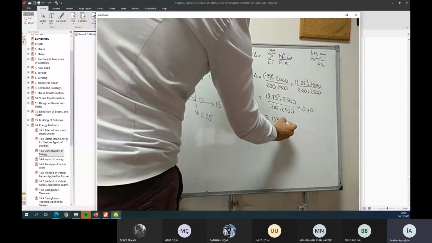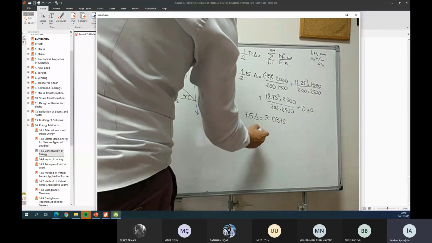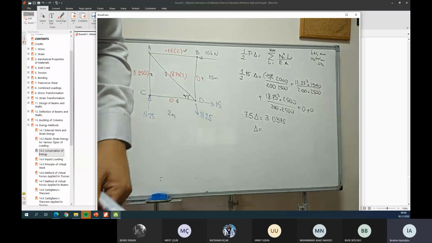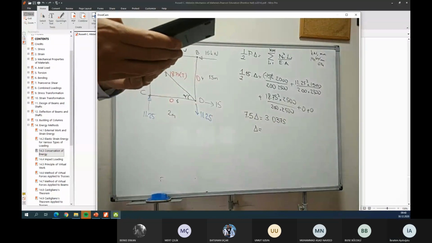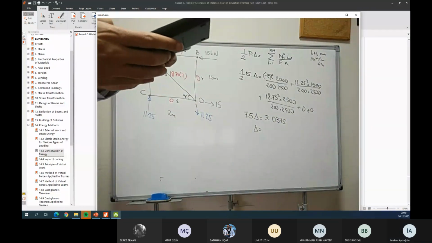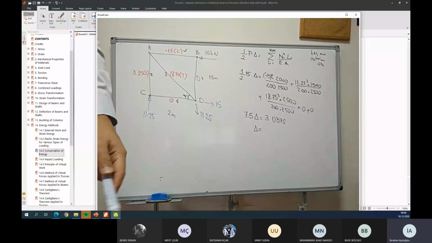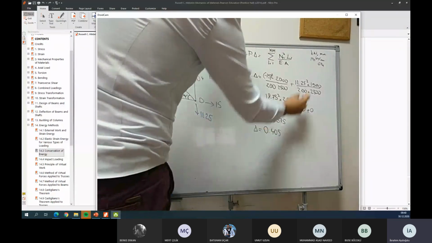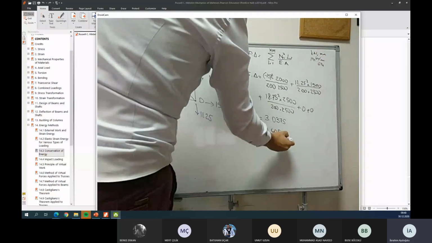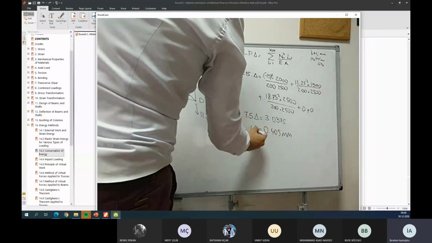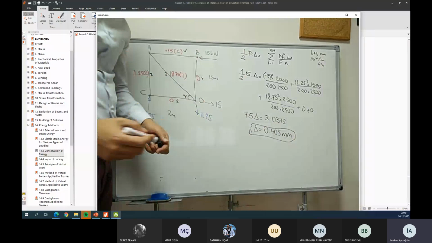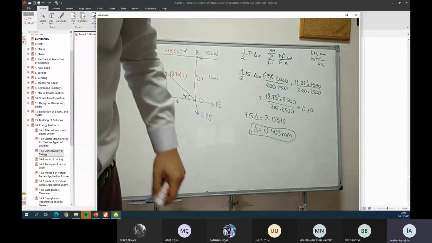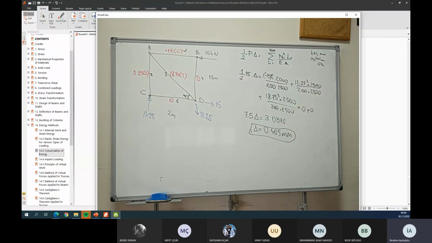I hope this is correct. Okay. So by using this, delta is equal to 0.405. You remember that we are working with millimeters, so the unit is millimeter. Hopefully this is correct. Maybe you can make a cross check for these computations.